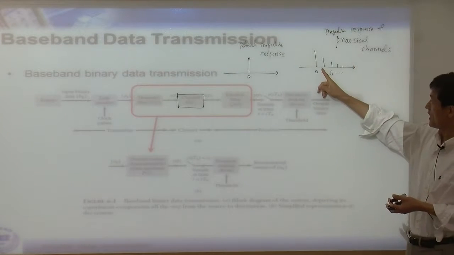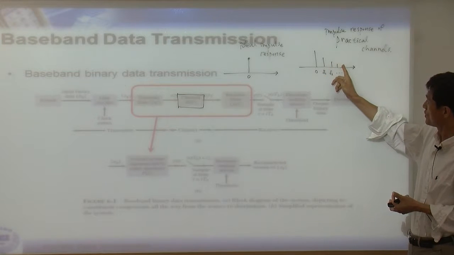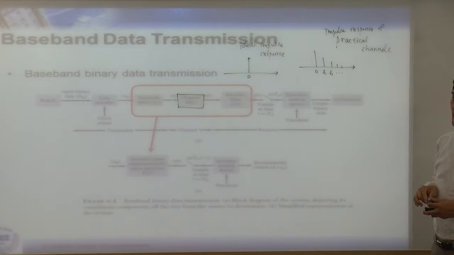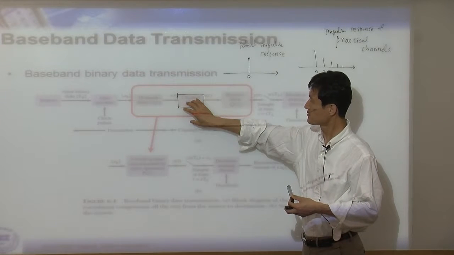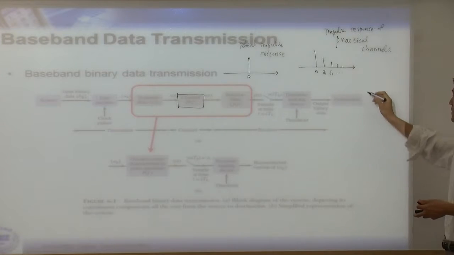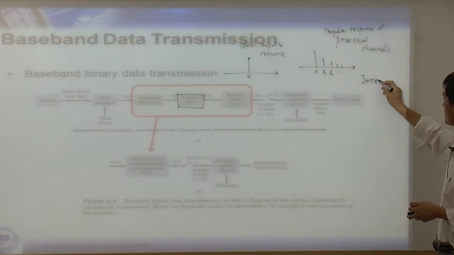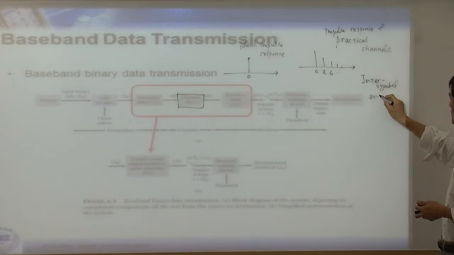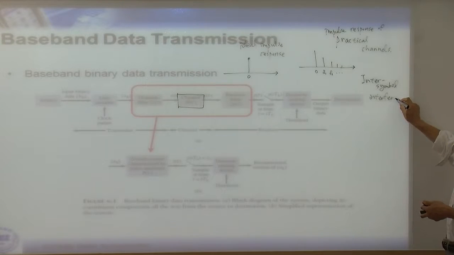So what that means is every time you have more than two paths, that means we have a memory. Every time you have a memory here, you're going to get ISI, intersymbol interference. So the problem of this is that we have intersymbol interference.